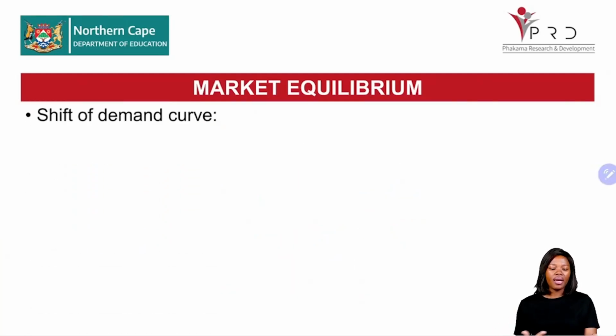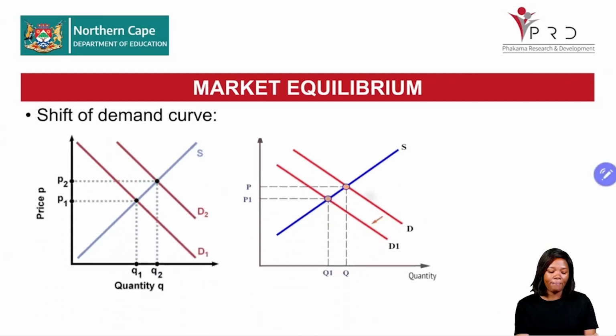Now let's look at how the shift of the demand curve affects the market equilibrium, learners. Now, the demand curve is always facing downward. Now, when the demand curve shifts in the market, that also affects the market equilibrium price as well as the point.